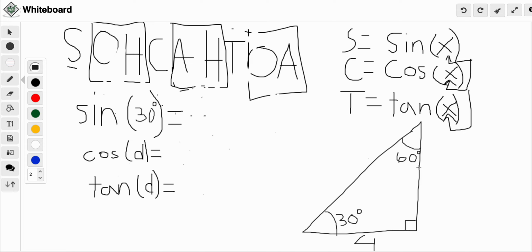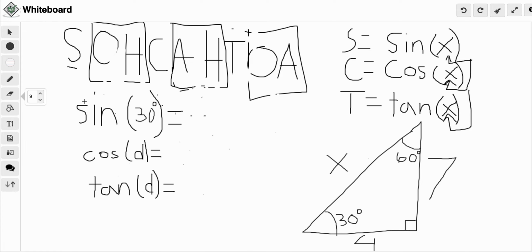I think I may not have given enough information here. Let's say that this may not be an actual possible triangle, but let's see here. Sine of 30. Okay, let's try this.